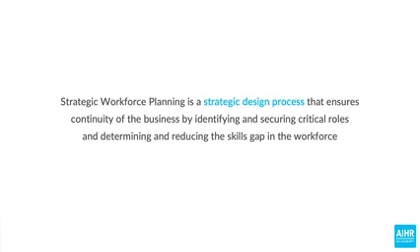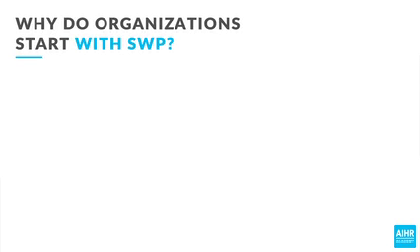The second part of the definition is about identifying and securing critical roles. That's what we just talked about, the high performers who are exponentially better compared to the average performers. And determining and reducing the skills gap in the workforce. So why do organizations start with strategic workforce planning? A big part is a demographic change that you see happening everywhere in the Western world, which is an aging workforce.